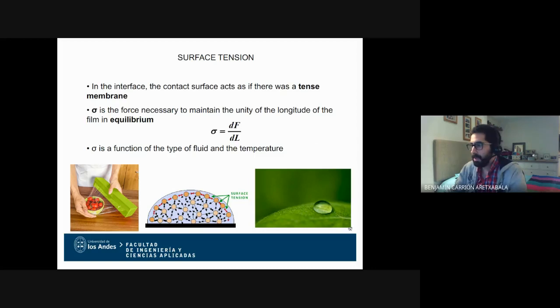So for instance, if you see a drop that is keeping its form, it is because at the boundary you have the surface tension that is keeping it together, and the surface tension is similar to the weight of this drop. This is important because, as you can see here, you've all seen water drops, and they're small, right?